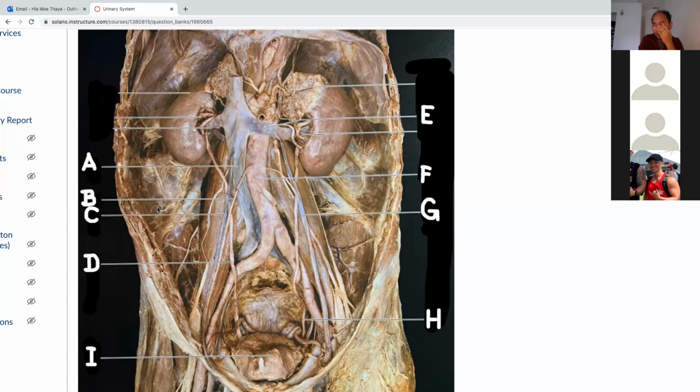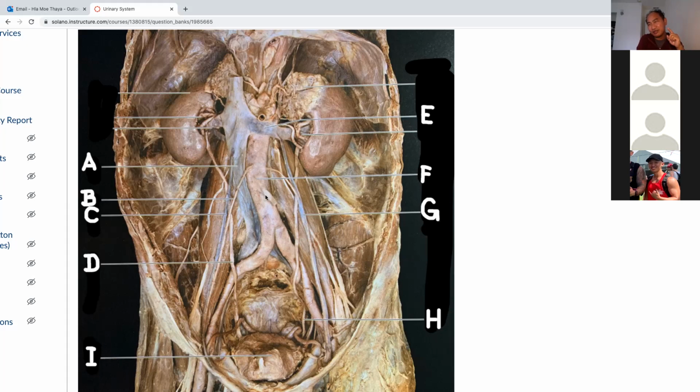Is it the celiac artery or the superior mesenteric? Only one here, so this must be superior mesenteric. This must be inferior mesenteric, because there is no pair. It is only one structure coming just in front of the aorta.